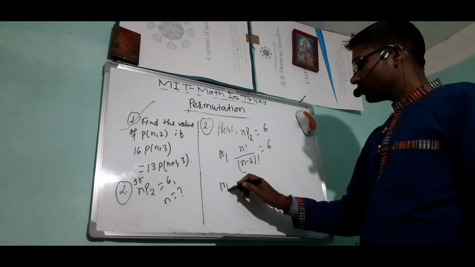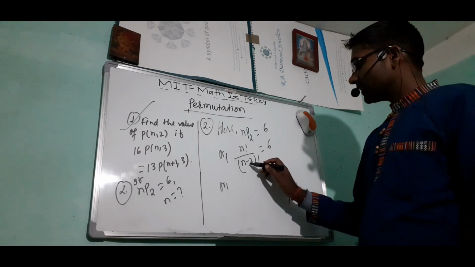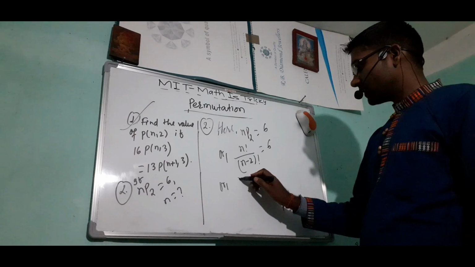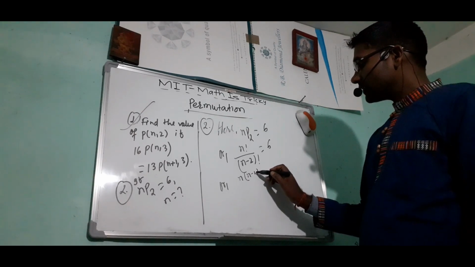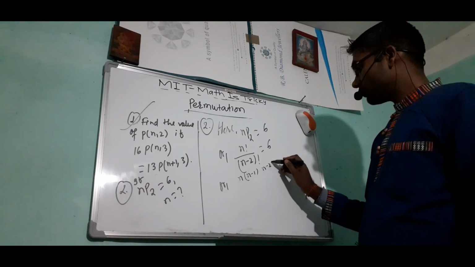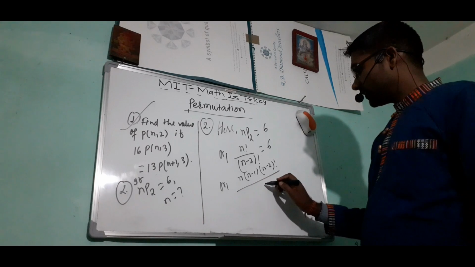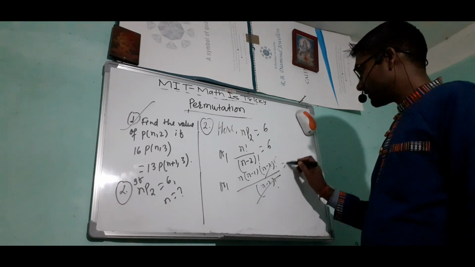So now what should you do? Always expand the greater one. So n is greater than n minus 2. So we'll start like this, n. Now n minus 1, come down until you get this. So after this we'll get here (n minus 2) factorial by (n minus 2) factorial. So these two cancel, equals 6.